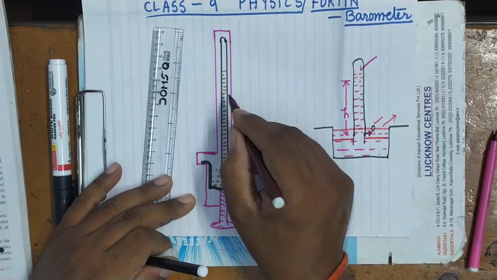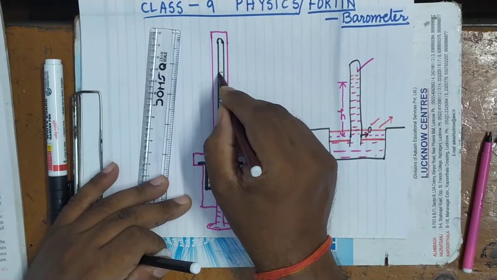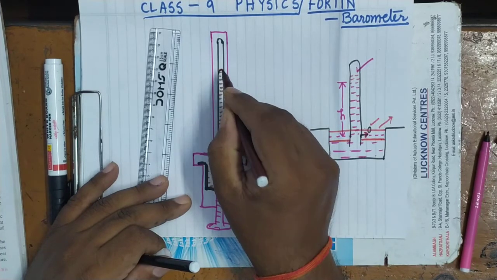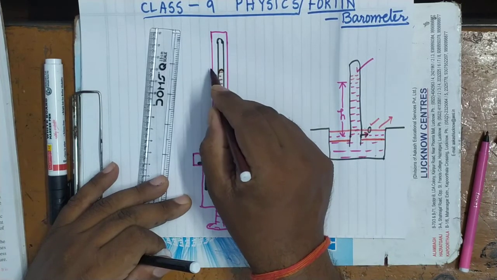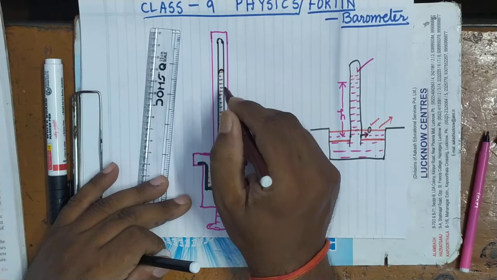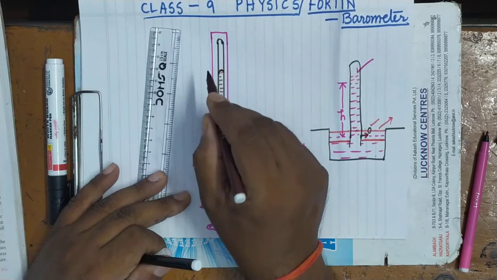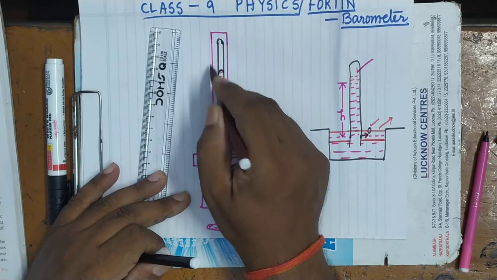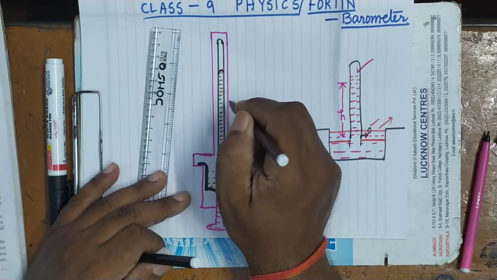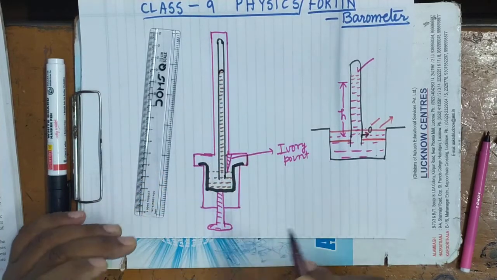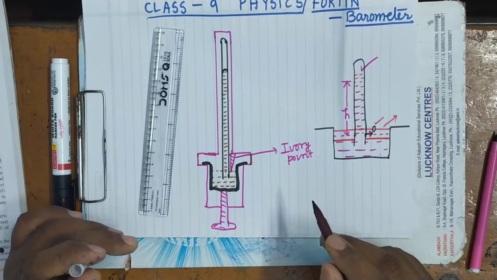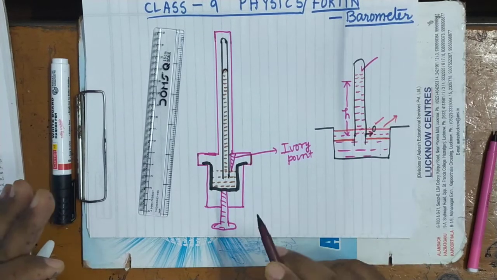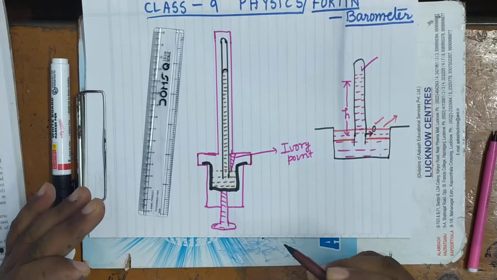So see here, this is the mercury level. For its reading there will be a main scale as well as a vernier scale graduated on this cylindrical tube. So see here, what will happen when the atmospheric pressure rises?